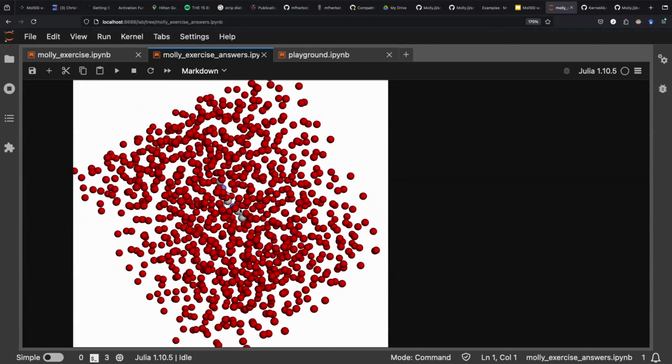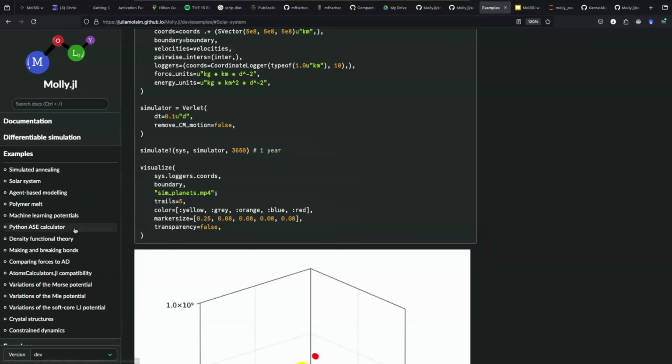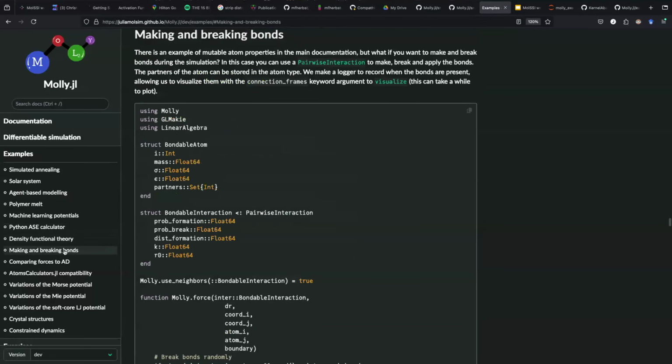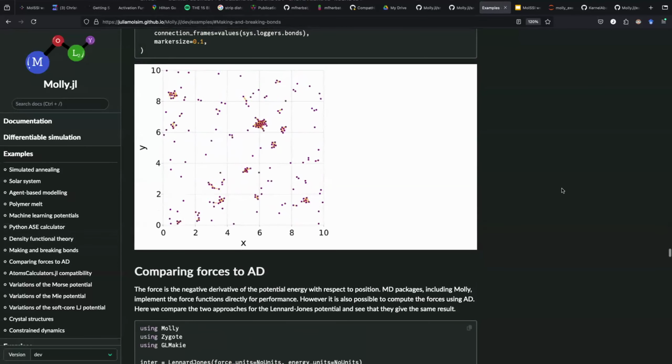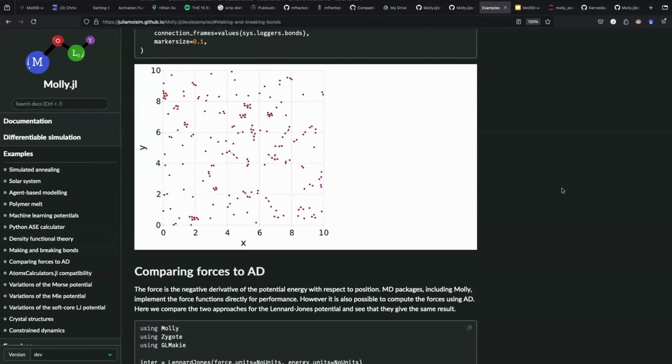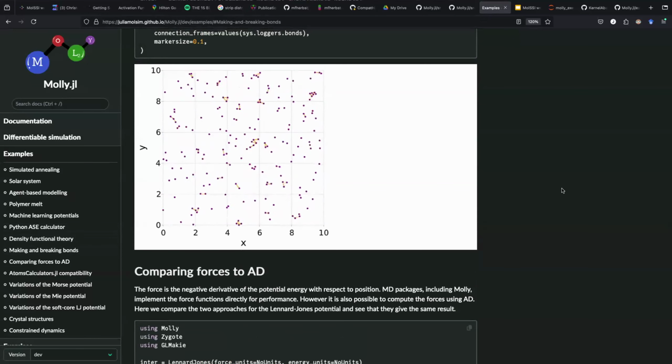And so are all those kind of immutable, like after you make the system, you shouldn't be changing those? Actually, you can. There is an example in the docs where we break the bonds, but this is a little bit hacky and it's not thoroughly tested.